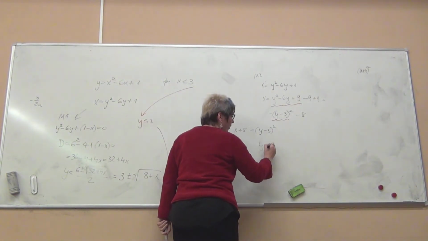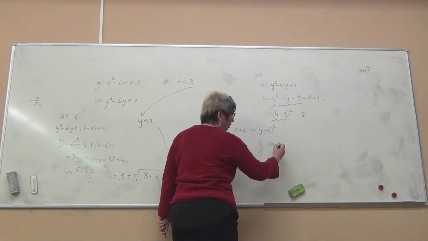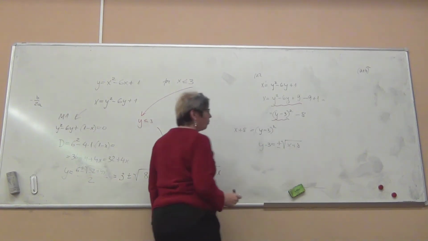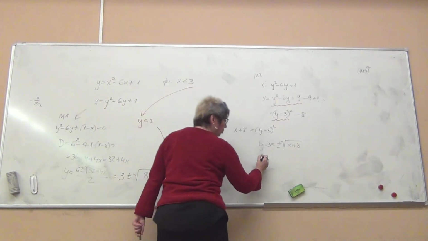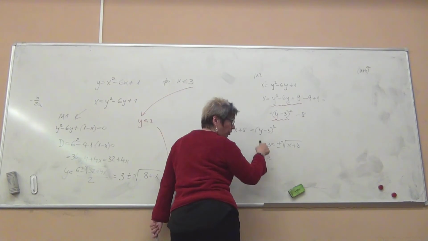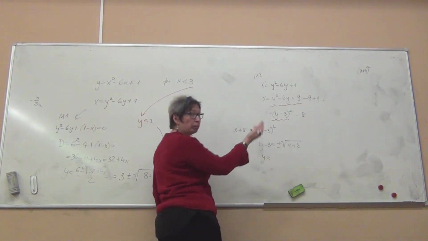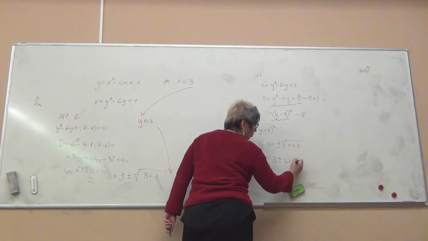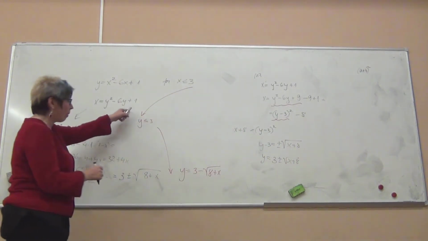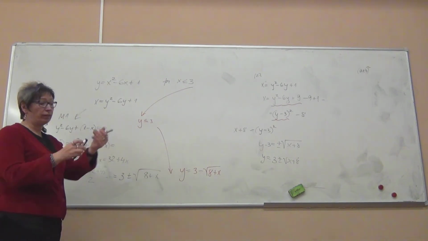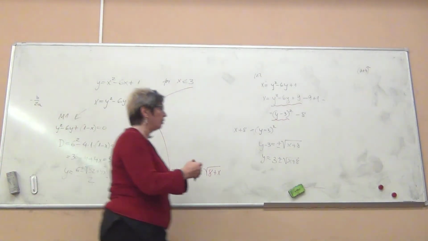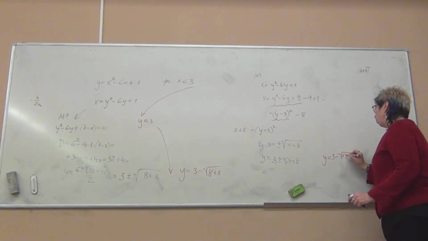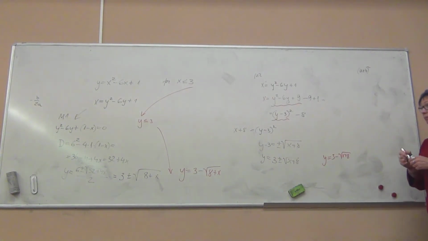So y minus 3 equals positive or negative square root of x plus 8, obviously. And y equals, we take minus 3 to the right, it becomes plus, positive 3 plus or minus the square root of x plus 8. And again, remembering this, the final answer will be 3 minus the square root of x plus 8, the same.